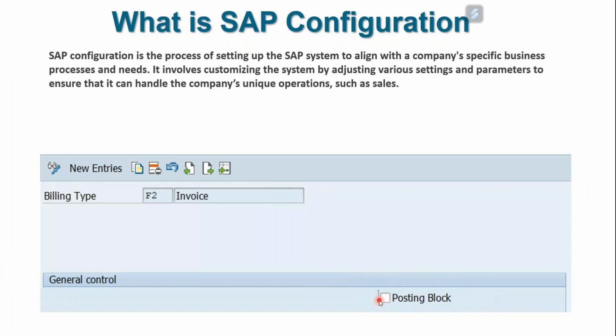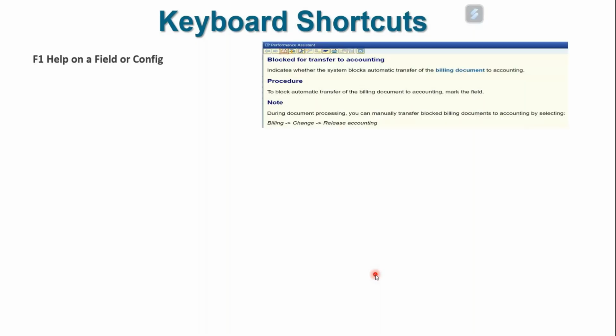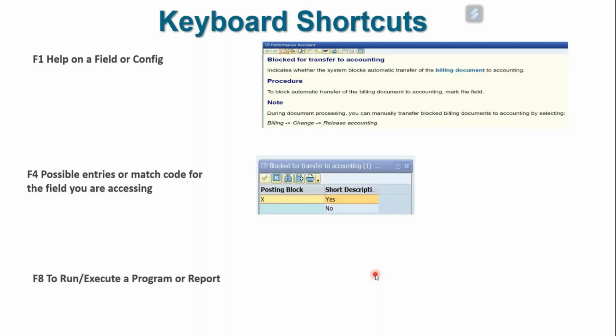But this is a small example to show that when you get requirements, we as consultants are needed to do these changes. So we change them, we put it into a box which is called a transport request, and we send it to the next system. That's our job. Obviously we test it ourselves first.